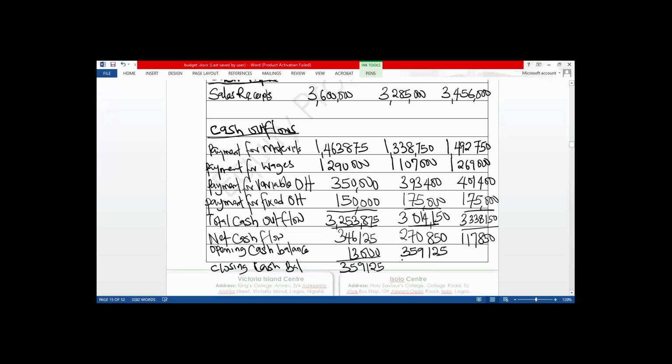Now get closing for February: 270,850 plus 359,125 is 629,975. Closing cash balance for February becomes opening for March.